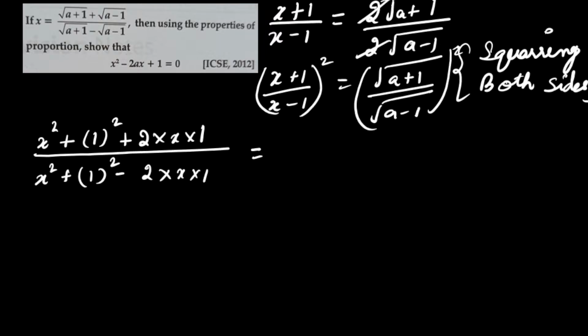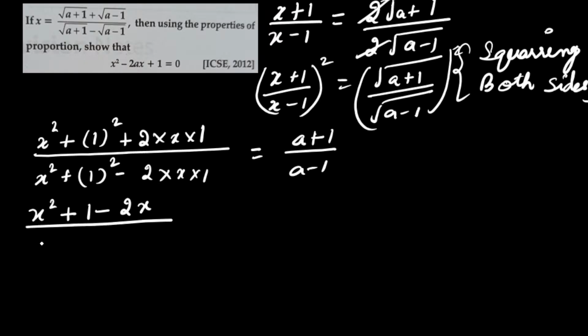This side, squares and square roots will get cancelled. So we will only get a plus 1 by a minus 1. Here we will get x square, as a was x and b was 1 here. So this side, x square plus 1 minus 2x by x square plus 1 minus 2x is equal to a plus 1 by a minus 1.